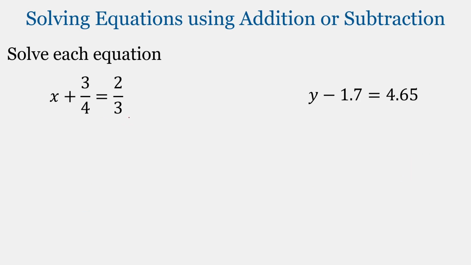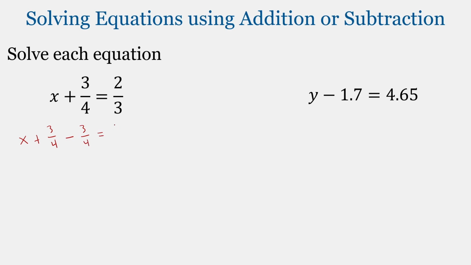So the process is going to be the same whether you're using integers or fractions and decimals. So here we have x plus 3/4 equal to 2/3. We have 3/4 added to x. So we're adding a 3/4, so therefore we're going to subtract 3/4.